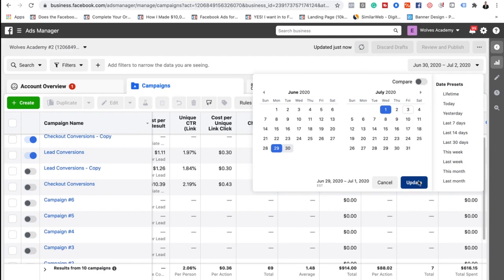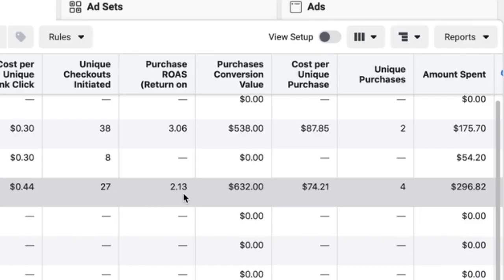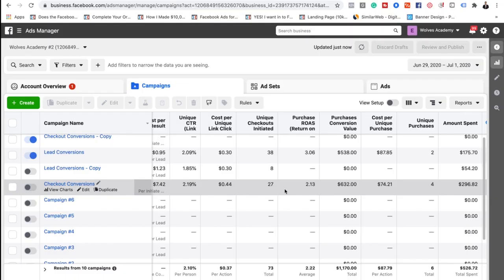If you do the 29th to the 1st, this campaign was at, okay, if you look at the checkout conversions, the last 3 days, yesterday, when I looked at my metrics and my conversions, it was actually at $2.13 return on ad spend, right? So it looked pretty profitable.